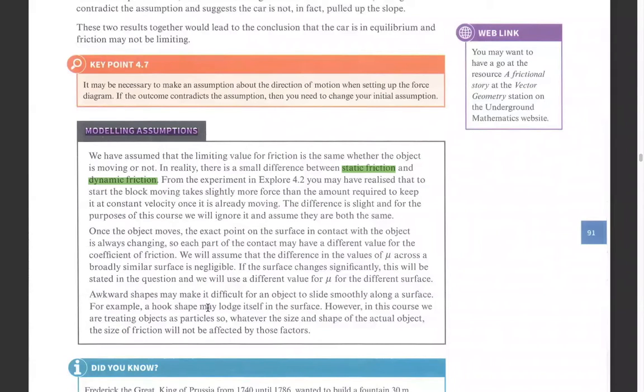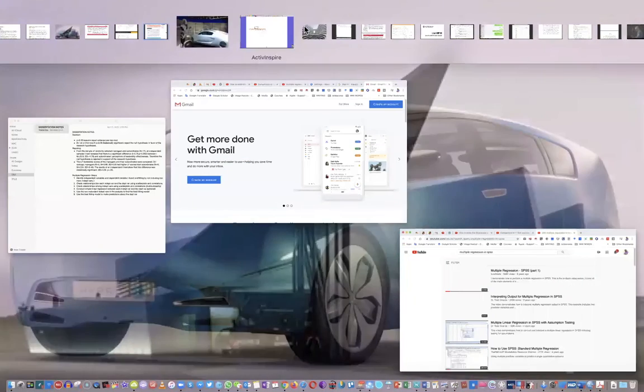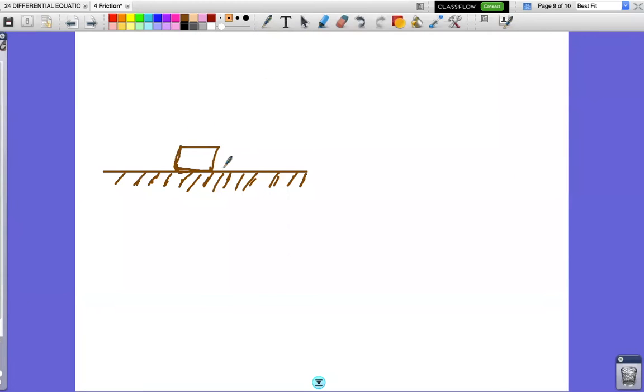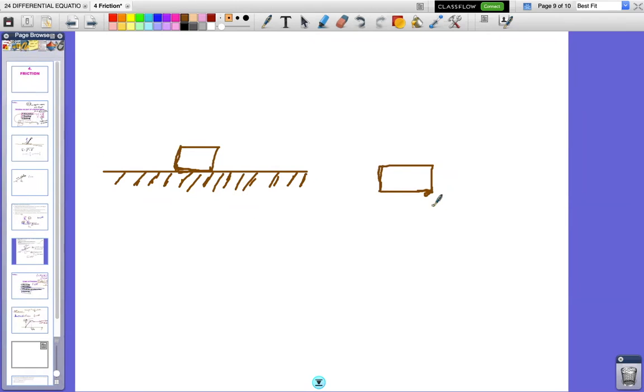For example, a hook shape may lodge itself in the surface, just like if that object that is going to slide has some kink like this, let's say it has a kink, which we cannot even observe, we cannot see very well.